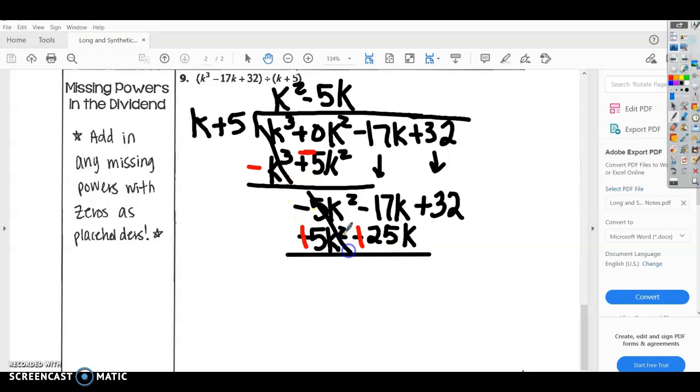So this is going to cancel. Negative 17 plus 25 is 8k. Plus 32 comes down. K goes into 8k 8 times. 8 times k is 8k. 8 times 5 is 40.